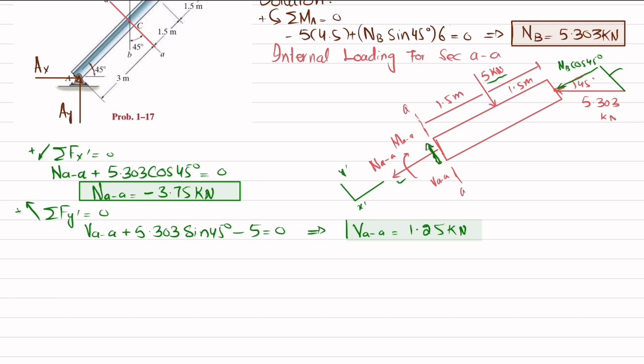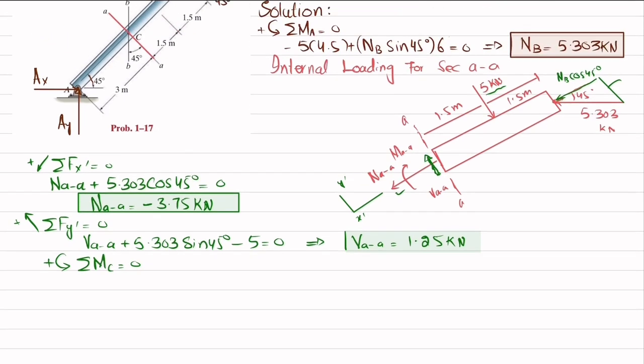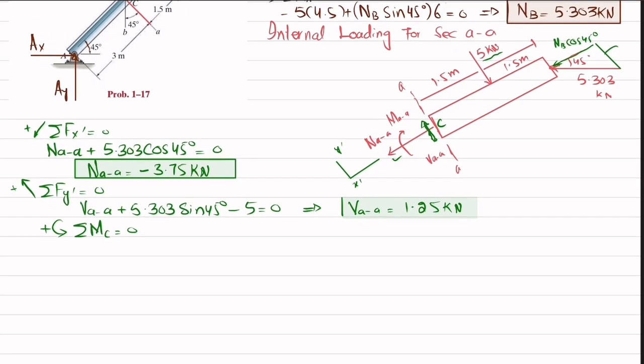Now we'll find this moment by using the equation of equilibrium: the sum of all moments about point C is equal to 0, taking the counterclockwise moment as positive. You can see this is point C where we have cut this section.